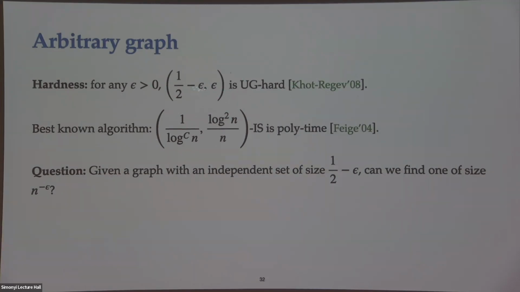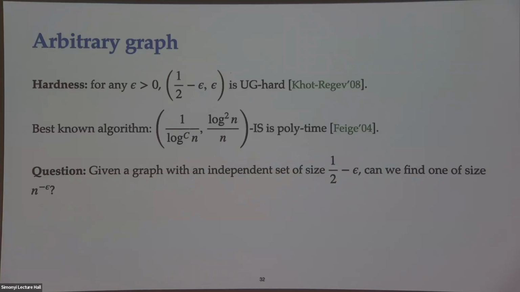So if epsilon is 1 over root log n, we know something better. But if epsilon is a constant, this is really the best known algorithm for 20 years. So clearly, we can ask if the graph contains a half minus epsilon size set, can we find one of size n to the negative epsilon? This is not ruled out by any hardness assumption.